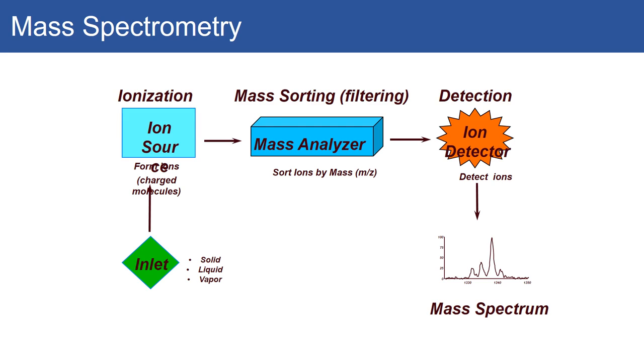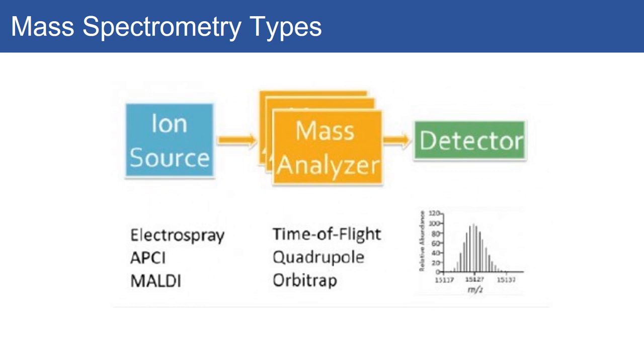The ionization is sent through some kind of mass analyzer. It's usually sorted by ions, by mass, and then there's an ion detection algorithm, and at the bottom you can see we get some kind of mass spectrum that allows you to identify the different proteins by their mass. So that's the general theory behind mass spec.